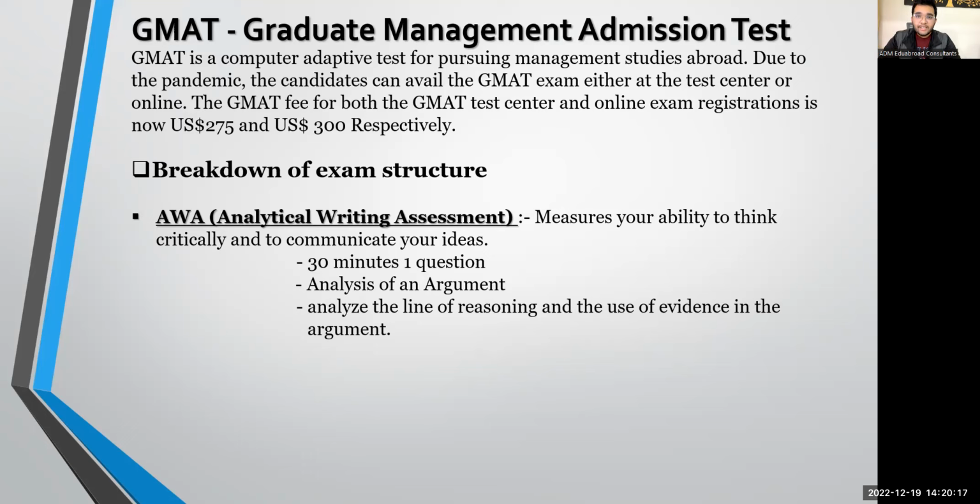Now, in case there is a disparity between both the scores evaluated, then a third human rater is brought into the scenario. And when he evaluates your response, only then are the scores adjusted. So this is how the AWA section works.